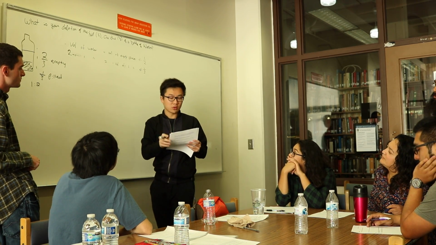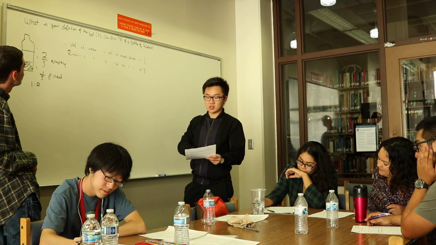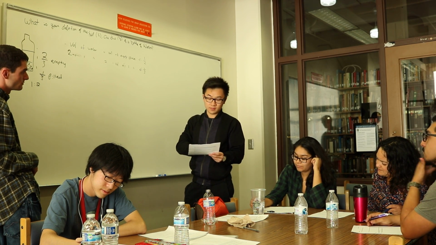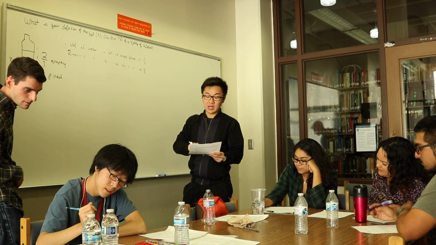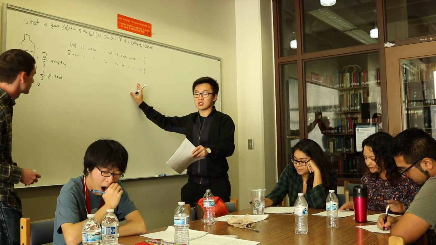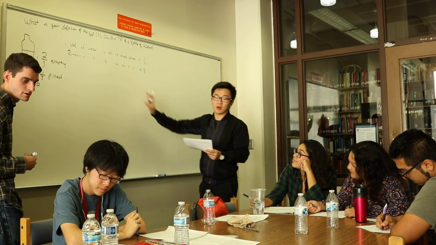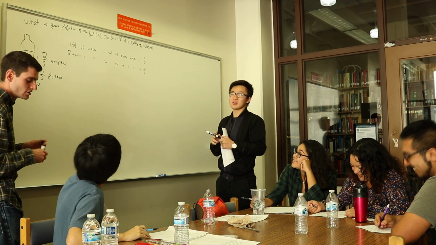Okay, so actually why don't we do the second problem right now, which is asking for the ratio of the water to the air, the empty space of the bottle. Arthur has already answered it.